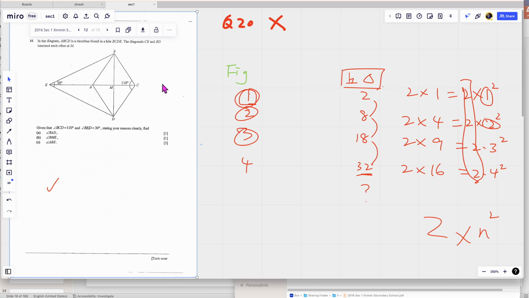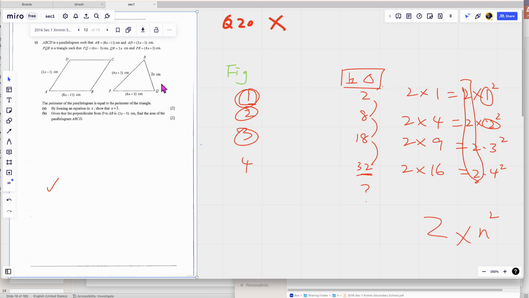So they say the parallelogram is this times 2. Okay, this times 2, so you need to open up. Very good. Then the triangle is everything added up. And then they say, by formula, show that x equals 3. You can show, very good.